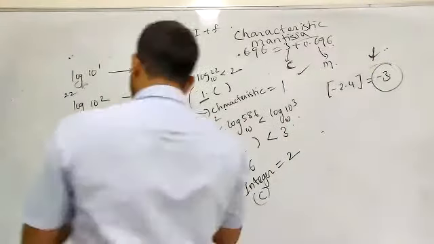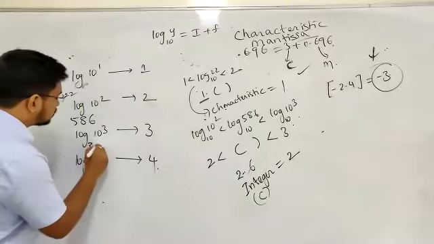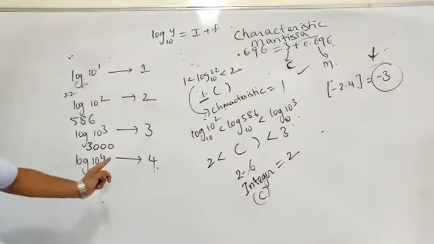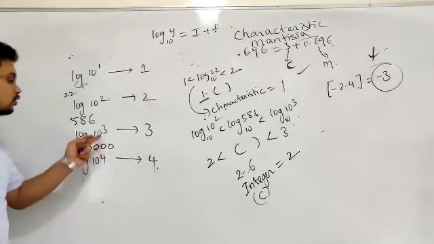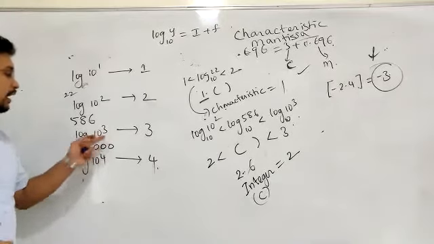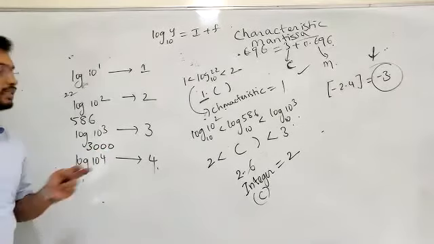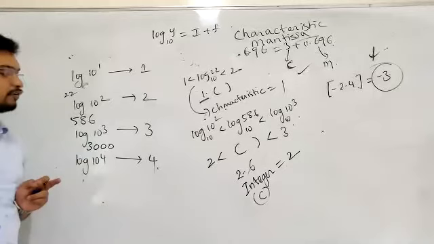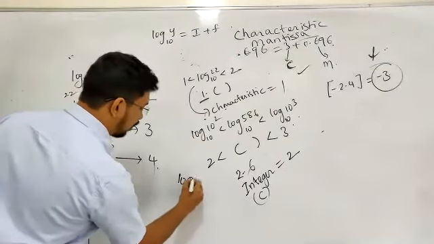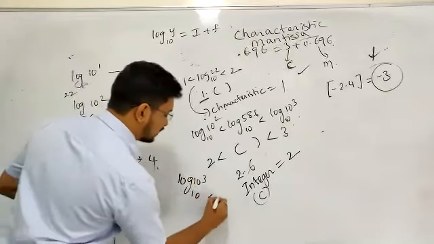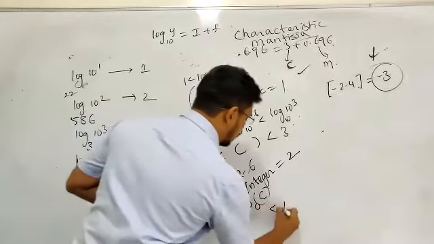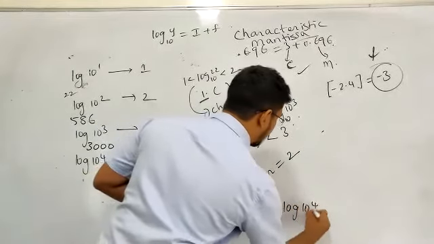Now similarly, if I take a number like 3000, that 3000 is lying between 10 cube and 10 power 4. So if I write this value, you can observe: log of 10 cube to the base 10 is less than log of 3000 to the base 10, which is less than log of 10 power 4 to the base 10.